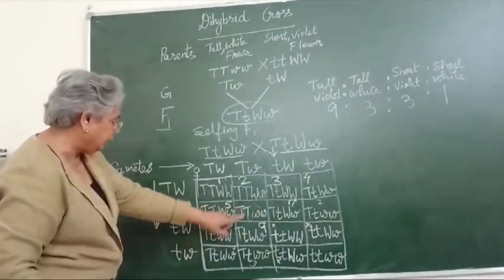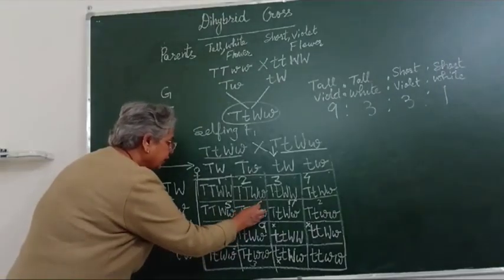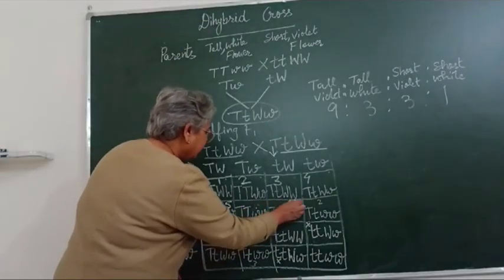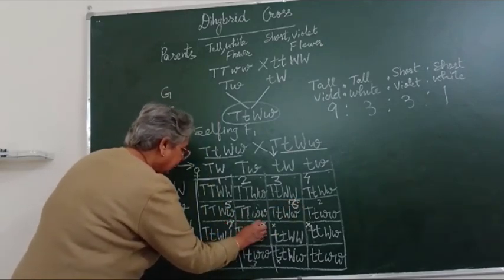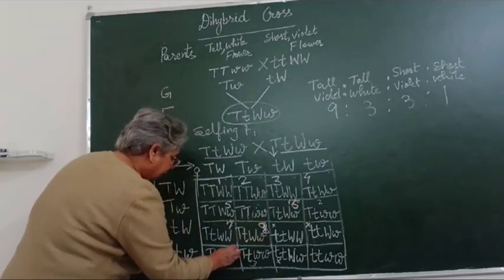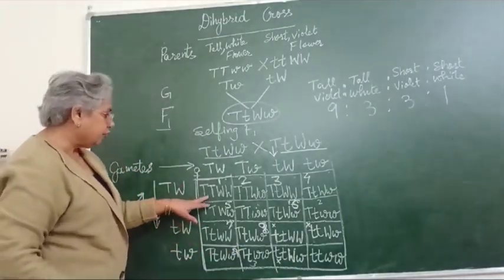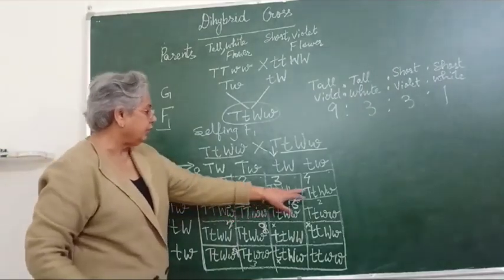So we have to find number 6 now. It is here. So let us change the numbering. 6, 7, no, this is not 6. 6, then 7, and then 8, and then 9. So you have to double check. So this is tall, violet, tall, violet, tall, violet, tall, violet.